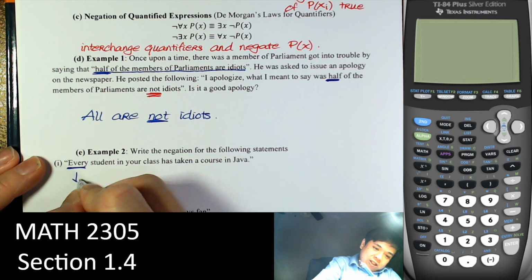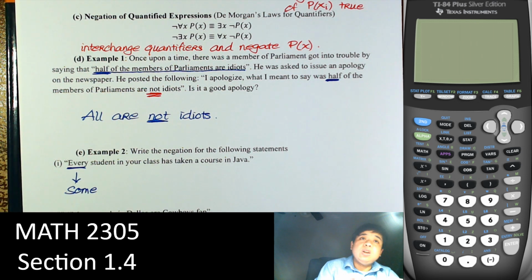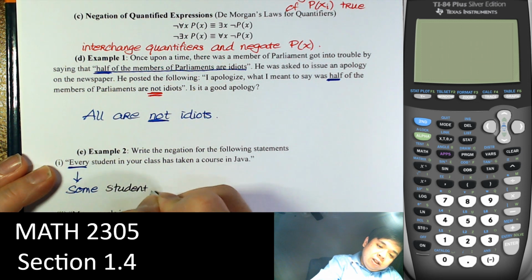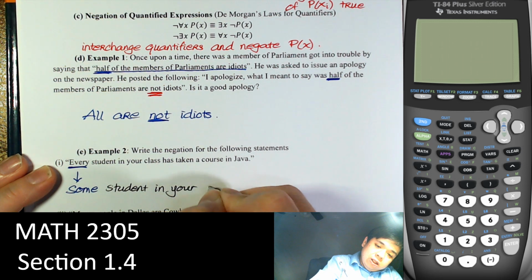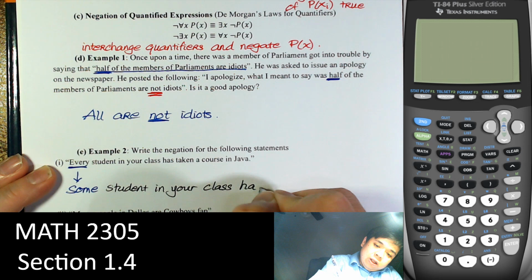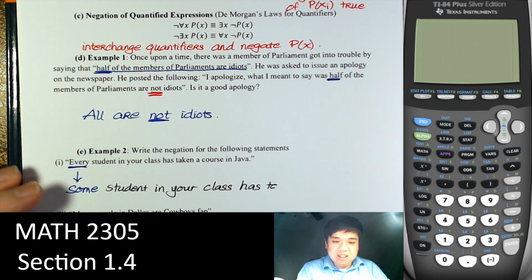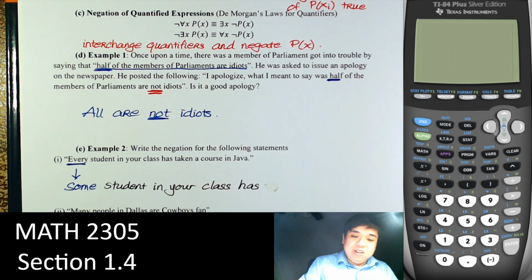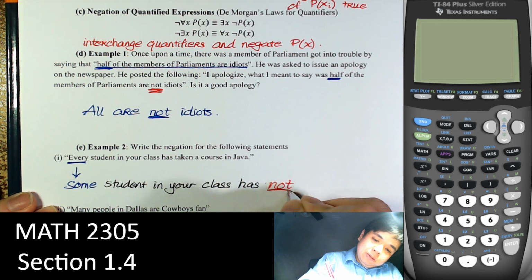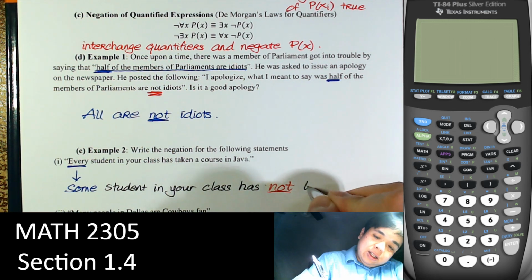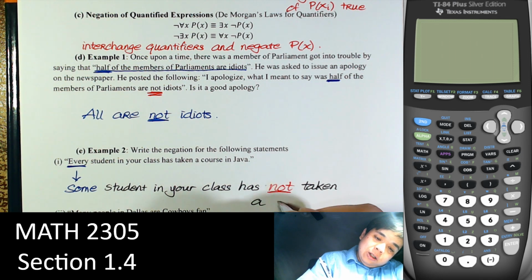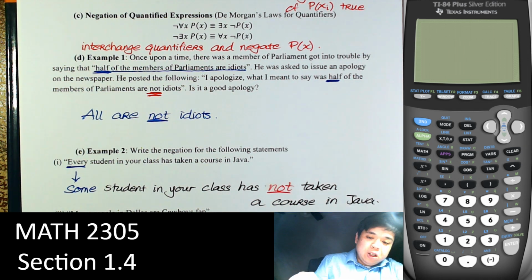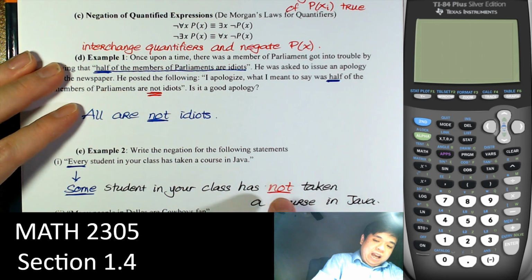So we interchange the quantifiers, and then the rest: some student in your class has not taken a course in Java. So two things, quantifiers and the negated statement.